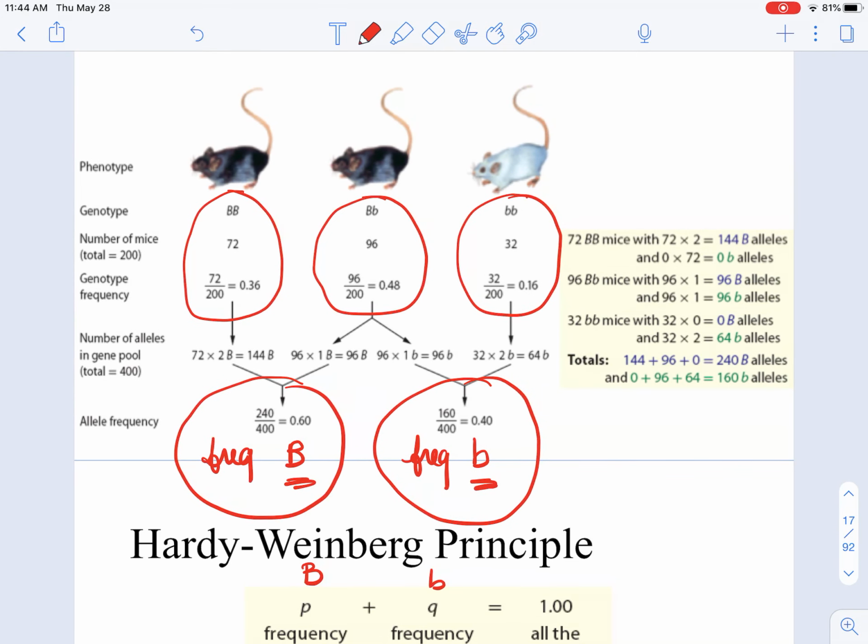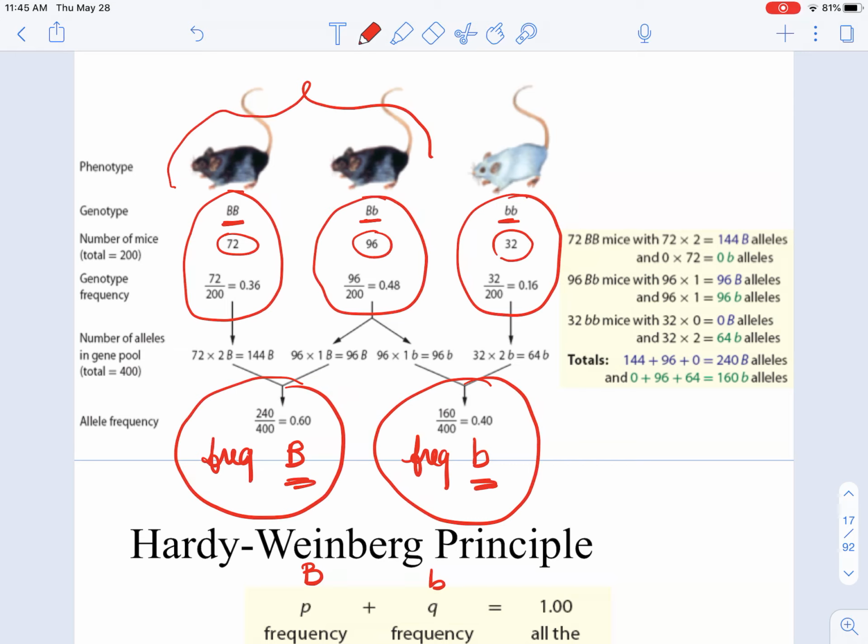This little mouse example, before we even start to calculate, they're saying that we had, for homozygous dominant, 72 mice out of the 200. Heterozygous, we had 96 mice. And for homozygous recessive, we have 32 mice, but you realize the mice that are dominant, you cannot tell their genotype apart.